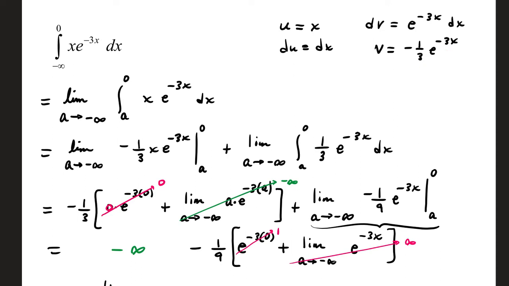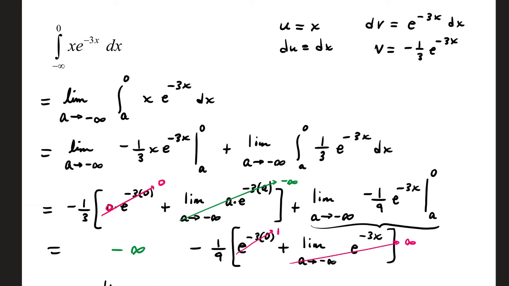I'm going to replace that lower negative infinity with an a, but we're going to have limit as a goes to negative infinity to help that out. U times v, it's negative 1/3 x e to the negative 3x, evaluated at 0 and a.